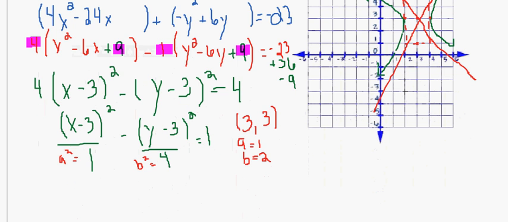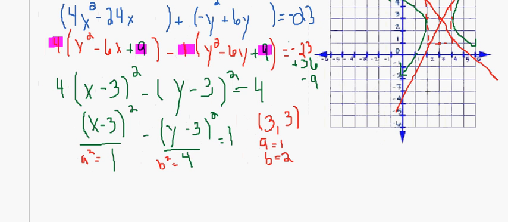Okay, now we need to find our foci. Again, it works very much the same as the one centered on the origin. In this case, remember that to find c, it's actually Pythagorean theorem. So c squared equals a squared plus b squared. Which would mean c squared would be 1 plus 4.